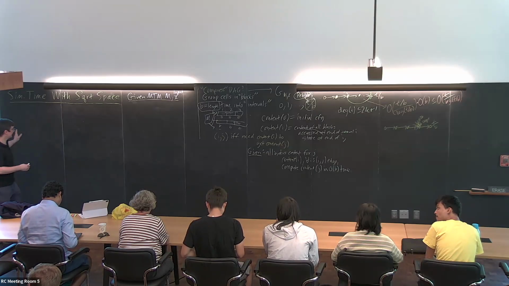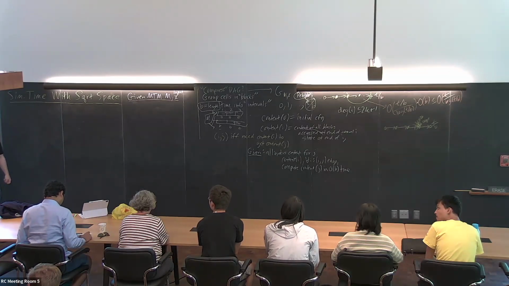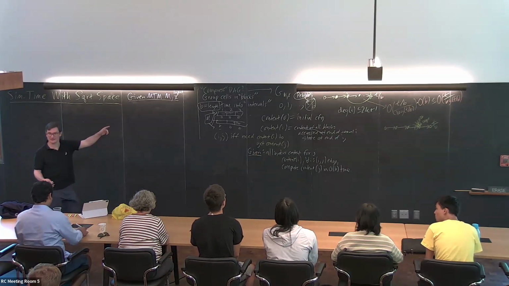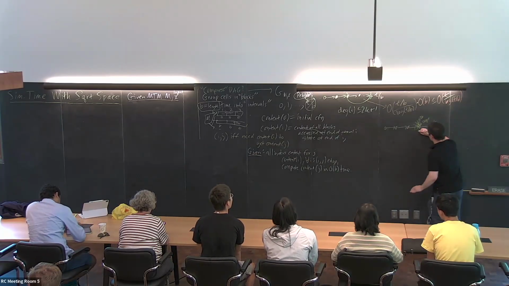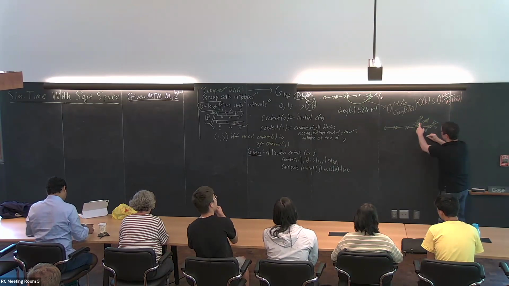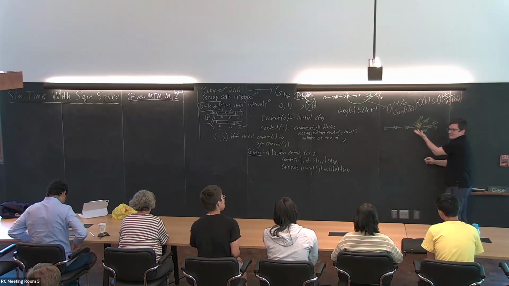Well, it is constant degree if I lay it out for T nodes. It's only when I compress it that the in-degree goes up. It's only because I'm trying to handle a whole interval of B steps that I have in-degree 2B. If I was handling just one step, then I'd only need 2.